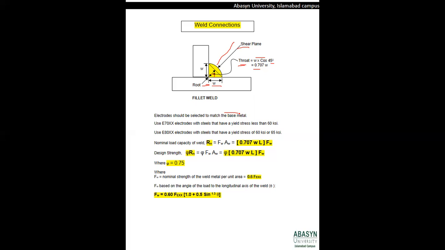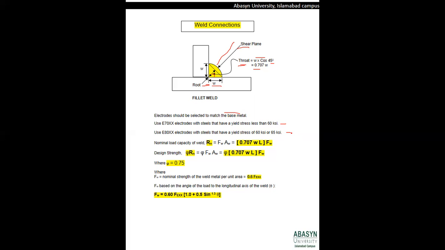We use E70 electrodes where we have a yield stress of less than 60 ksi, and similarly we use E80 when we have a yield stress of more than 60 ksi up to about 65 ksi, while E60 and E40 electrodes are also used with slightly lower yield stress.